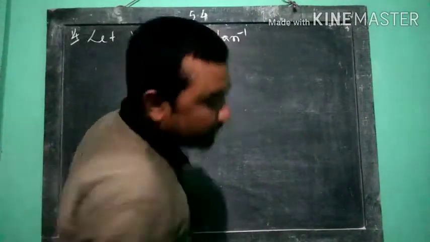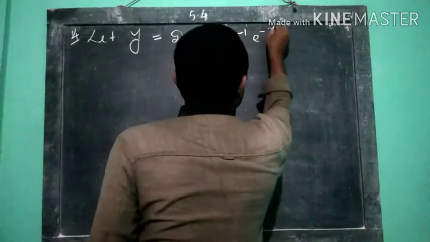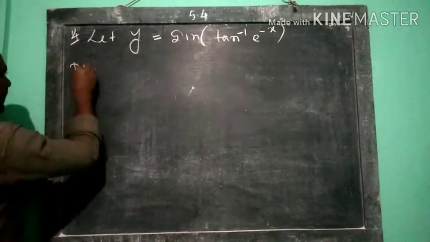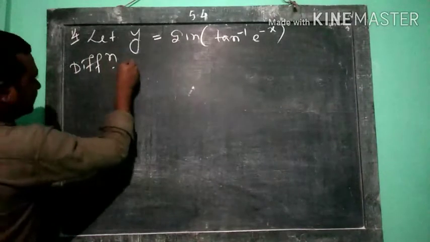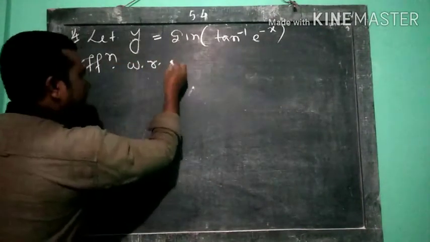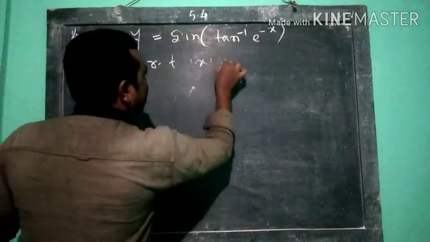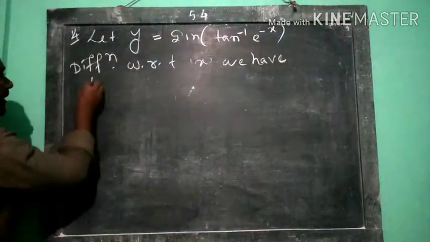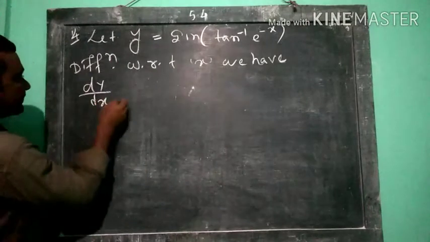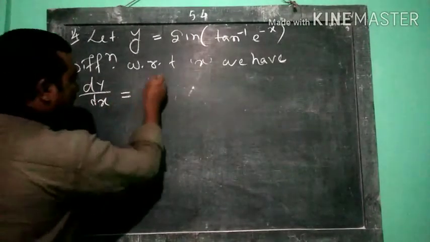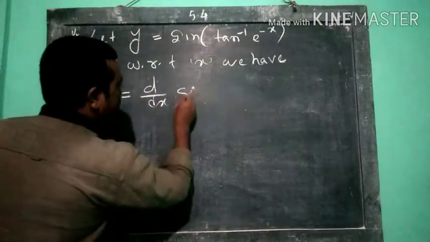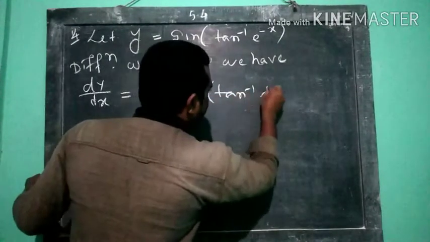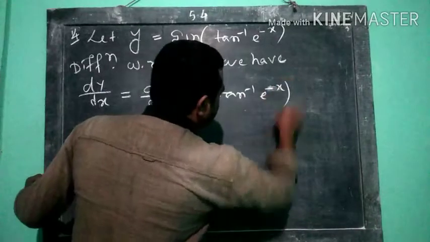Differentiating with respect to x, we have dy/dx, which is equal to d/dx of sine of tan inverse e to the power minus x.